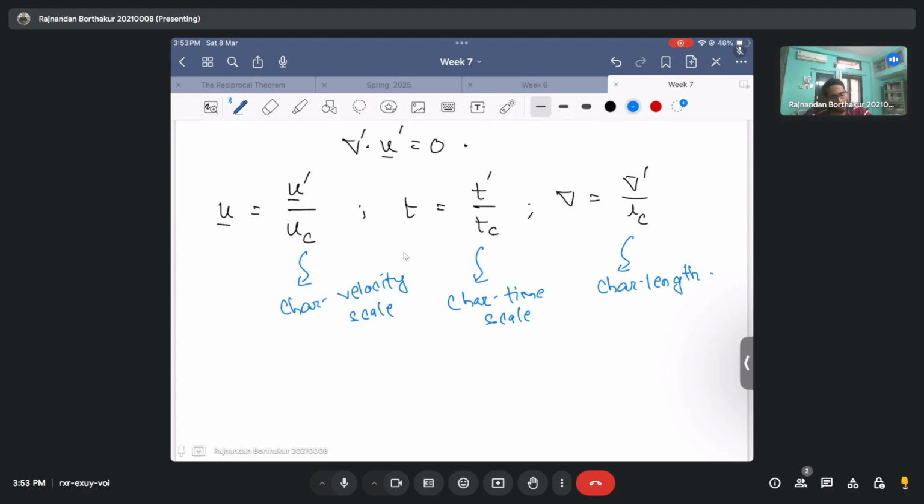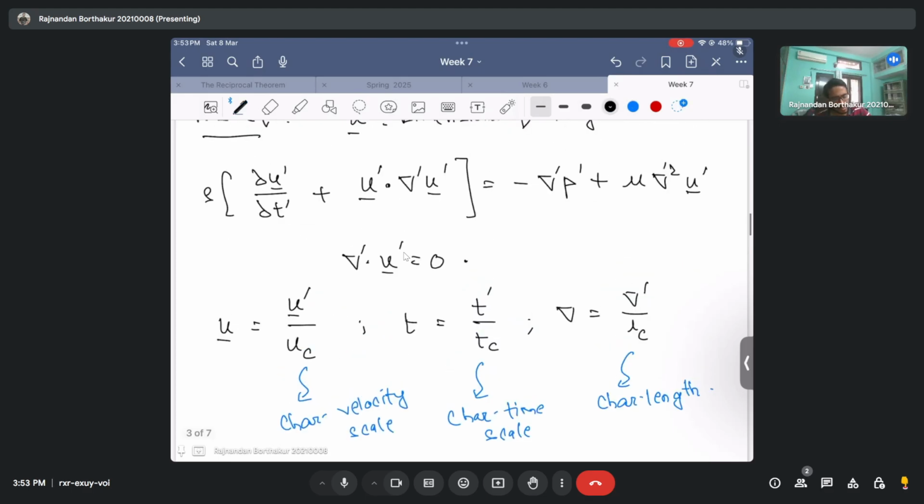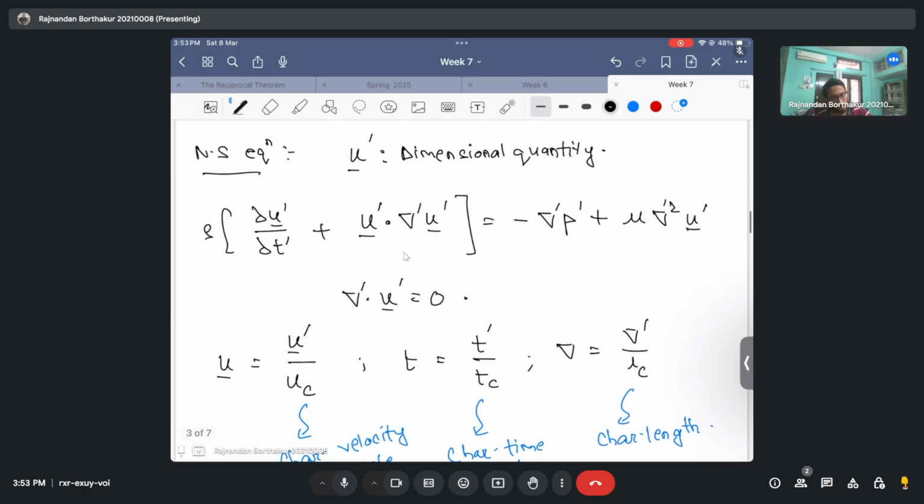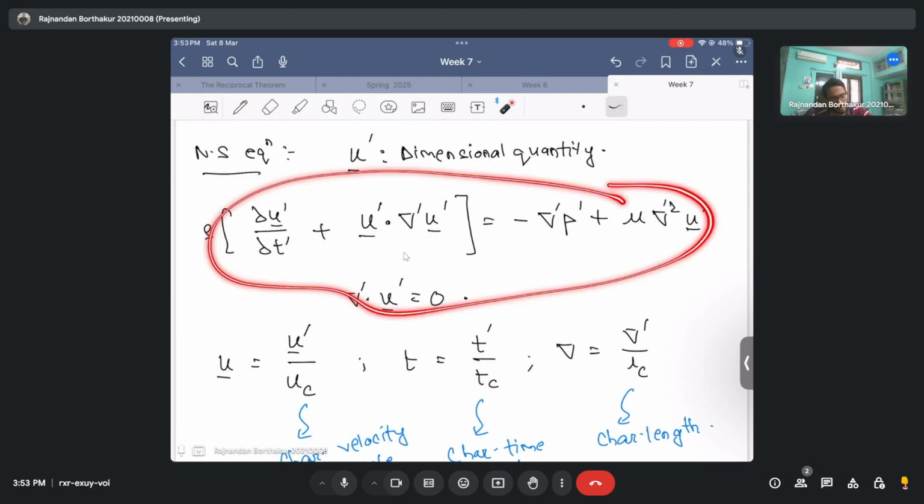Okay, all right. So let's use these characteristic scales to non-dimensionalize this equation and see what we get.